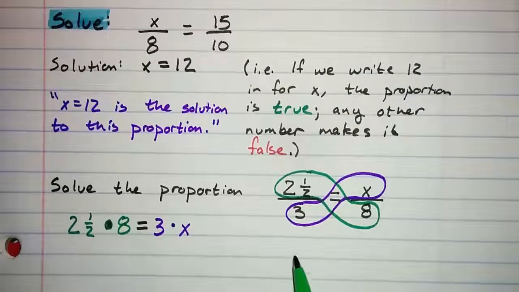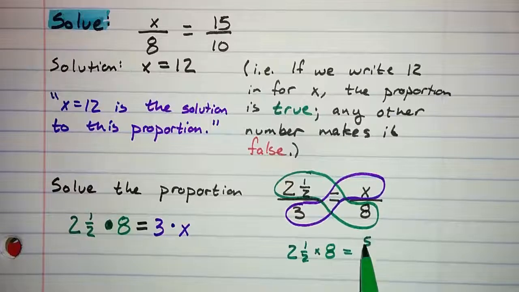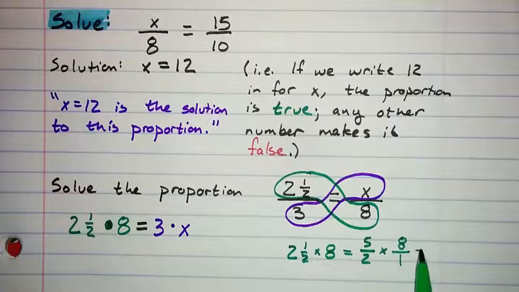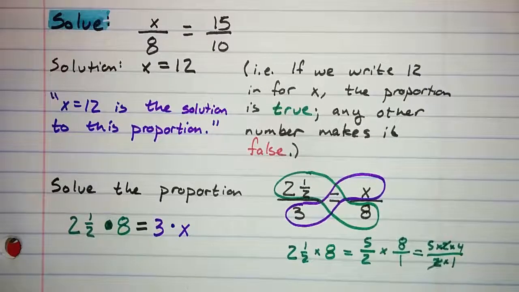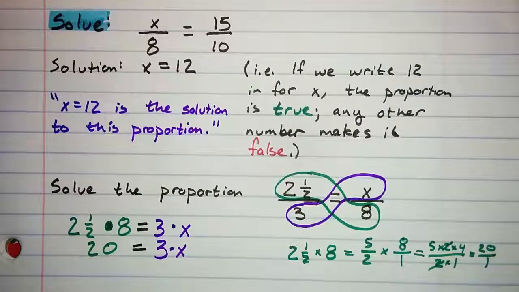I'm going to take it off to the side. 2.5 times 8. That's going to be 2 times 2 is 4 plus 1 is 5. So 5 halves times 8 wholes. That'll be 8 is 2 times 4. So canceling the common 2, I'll have 20 wholes. This works out to be 20. That should equal 3 times my unknown number.